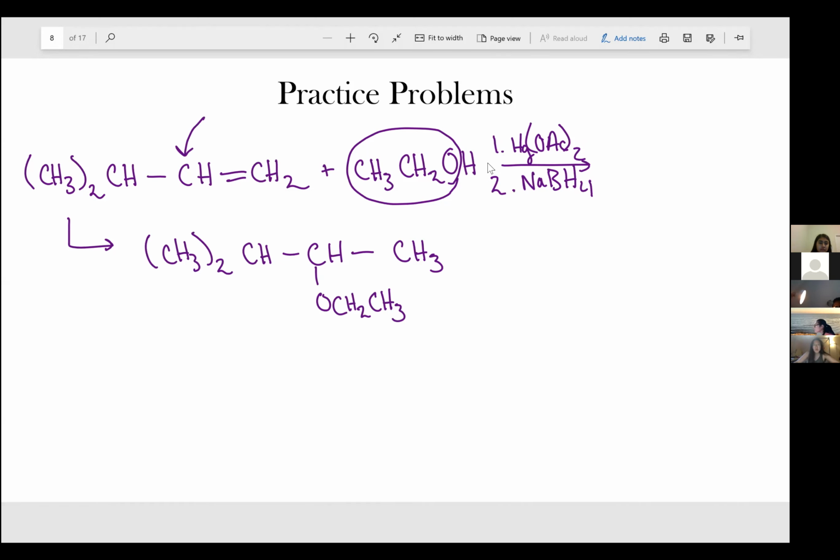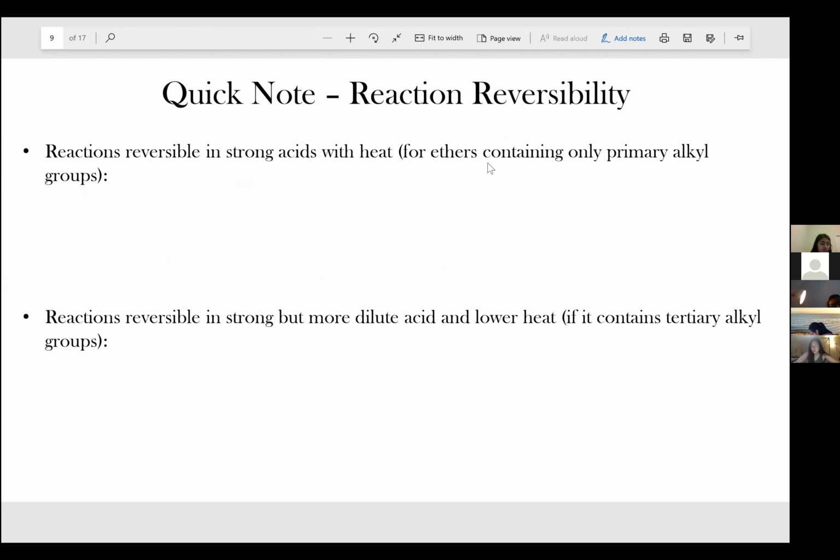Okay. The last thing I'm going to go over is reaction reversibility. If we think about these ethers, something like OR, they're very similar to something we've seen, the alcohols. And we know that alcohols are not very good at substitution reactions.